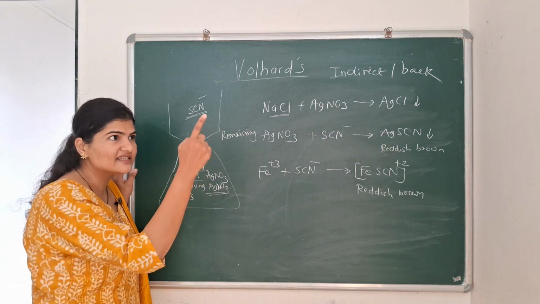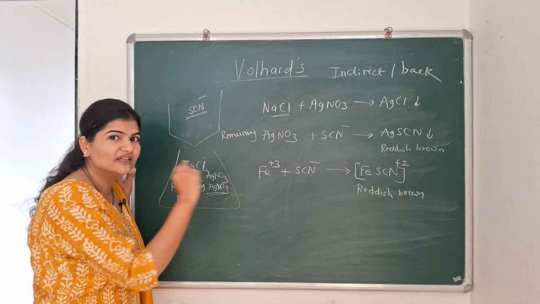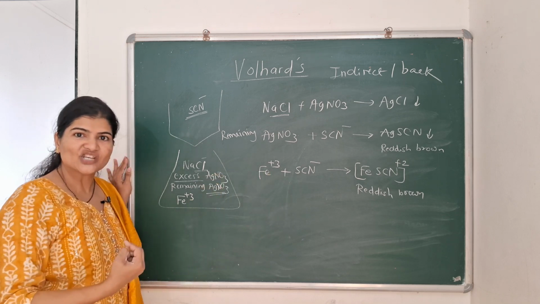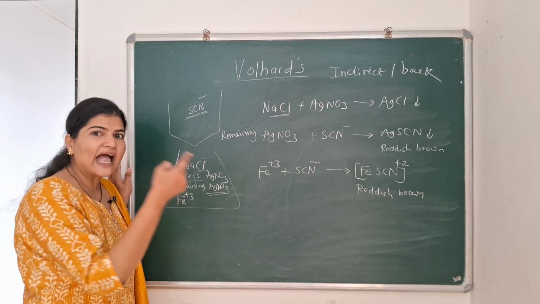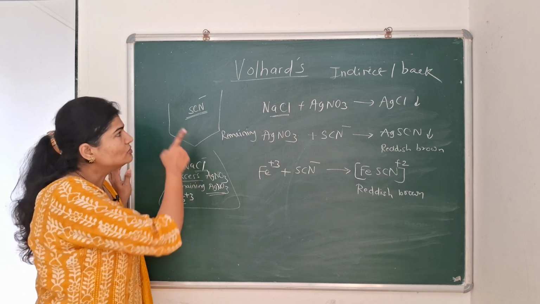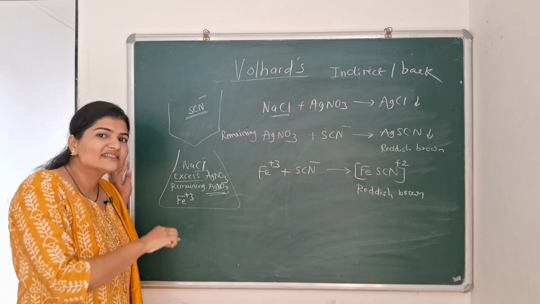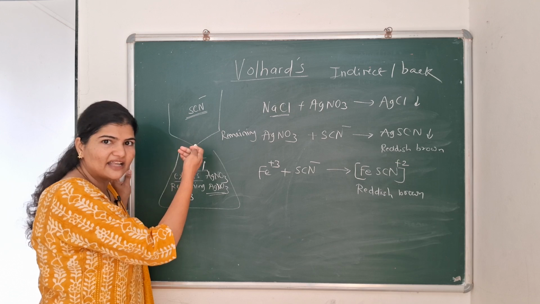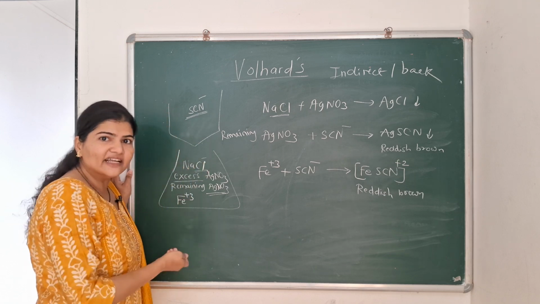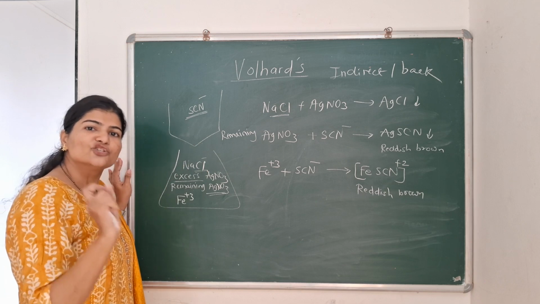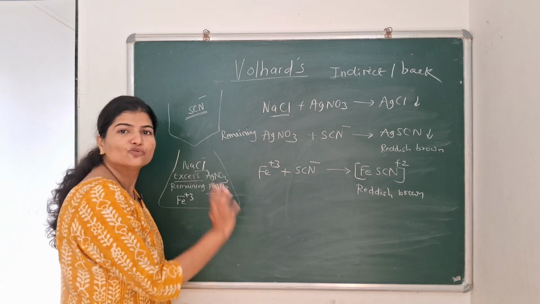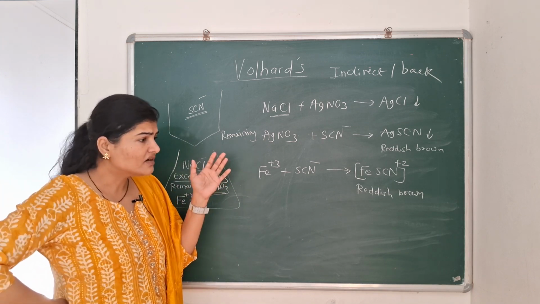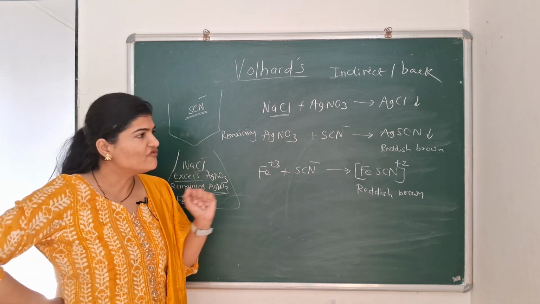It is not that we are seeing formation of colored PPT. It is the entire solution that is getting colored in the reddish brown shade. So by that I will come to know that now the entire content in the conical flask is finished and my titrant, in this case thiocyanate ions, is now reacting with the indicator ion. So I will stop the knob of the burette and I will know that the end point is reached. So this is how we are going to detect the end point by Volhard's method.